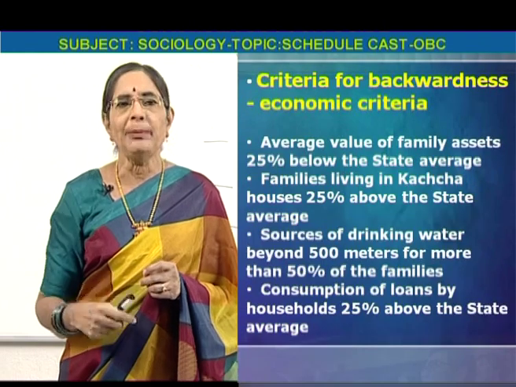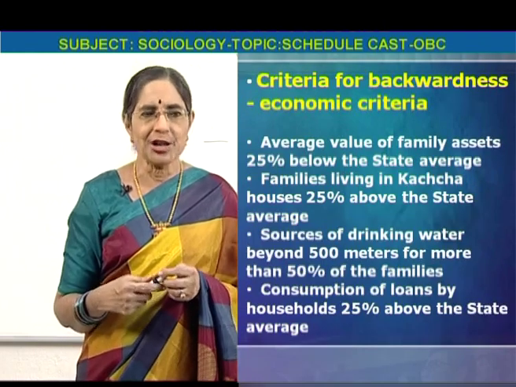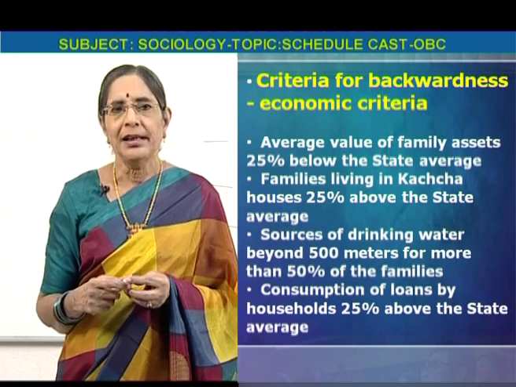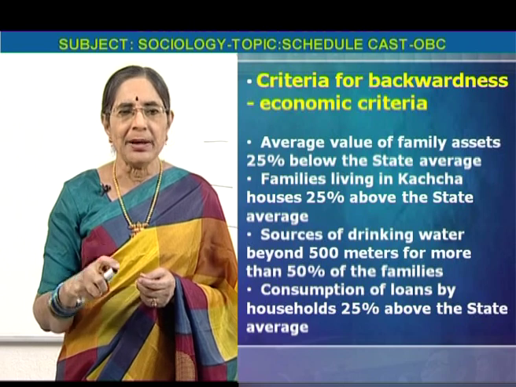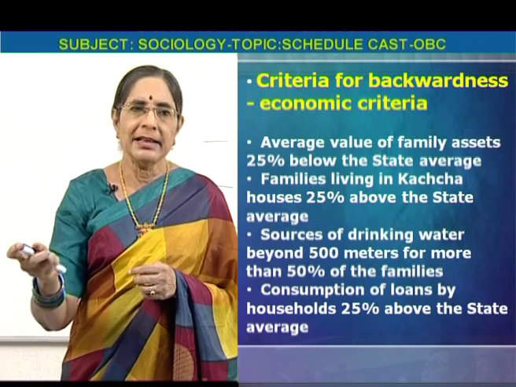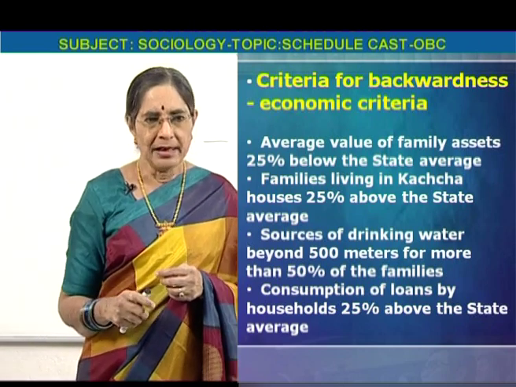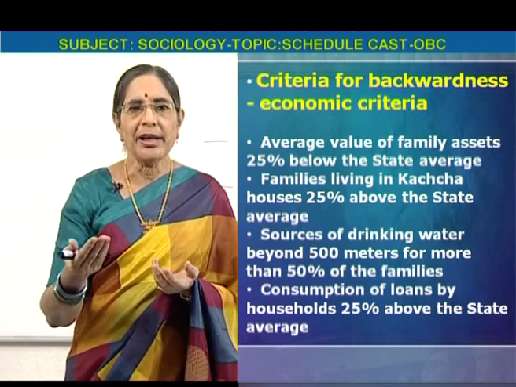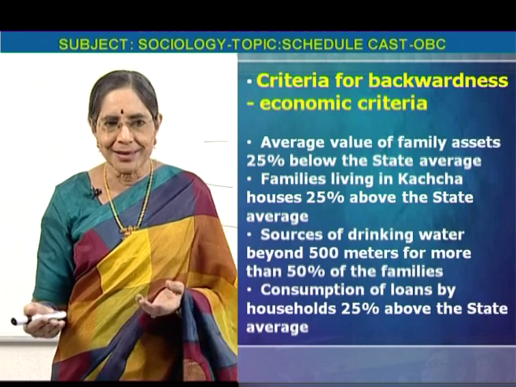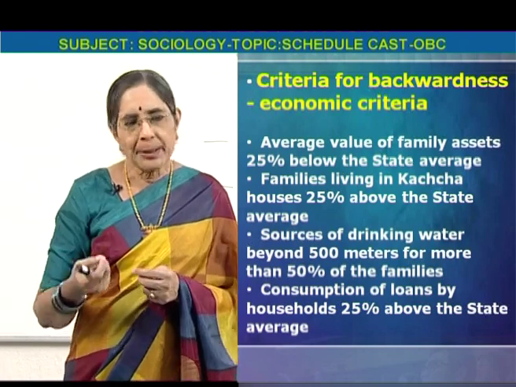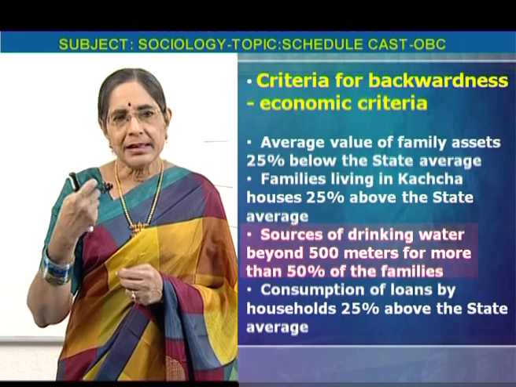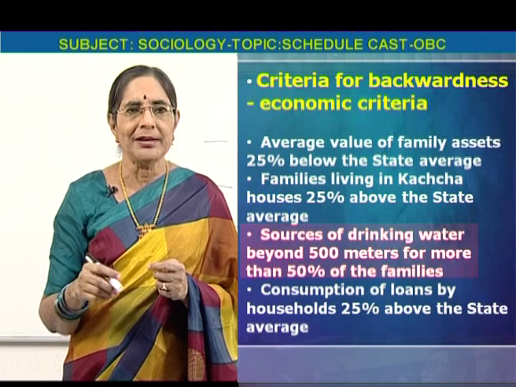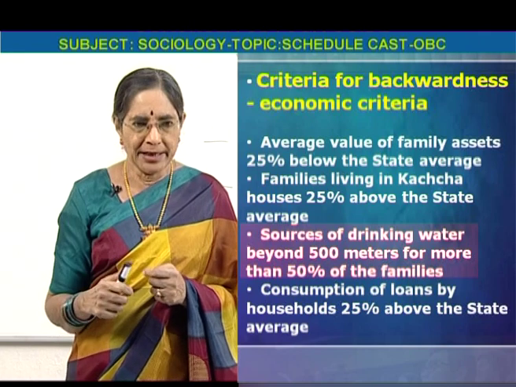Then what economic aspects has Mr. Mandal mentioned? Let us have a look. If the average value of family assets is more than 25% below the state average, then that is economic backwardness. Similarly, families living in kacha houses, which we usually call gudiselu or huts, if that percentage is 25% or more above the state average, then that is economic backwardness.